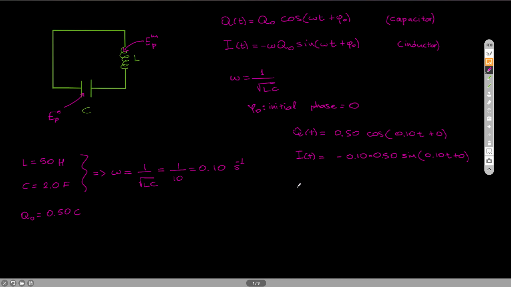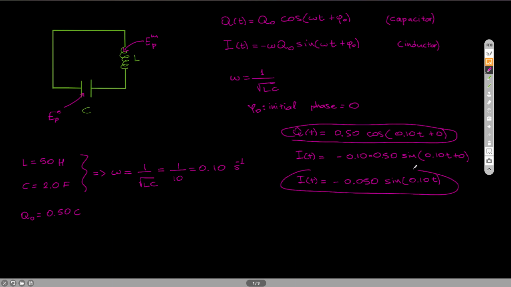The current then will be minus 0.05 times the sine of 0.1 t, and this is the expression for the charge, and this is the expression for the current.